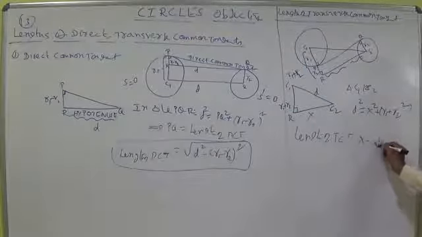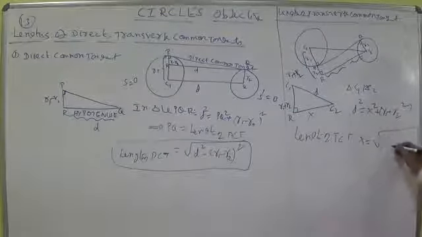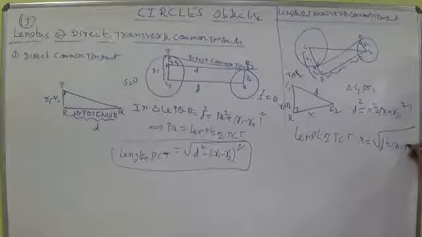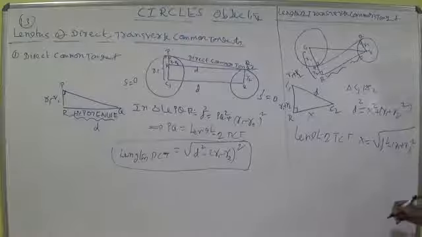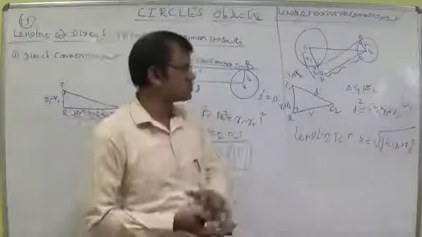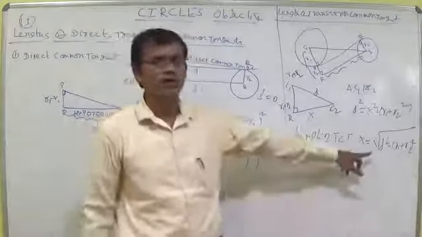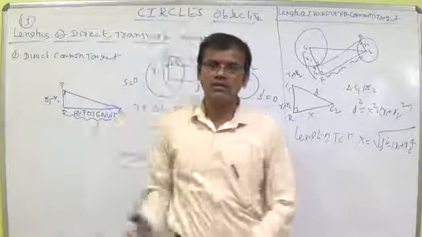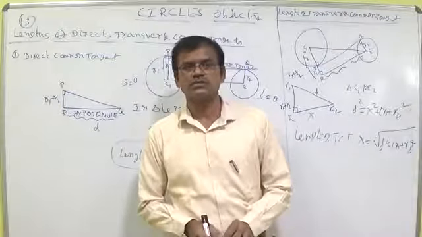X becomes the square root of d square minus (r1 plus r2) whole square. Length of transverse common tangent formula is root of d square minus (r1 plus r2) whole square, and length of direct common tangent formula is root of d square minus (r1 minus r2) whole square.